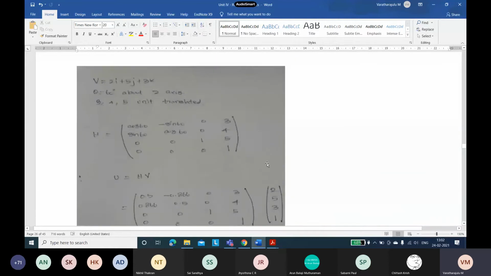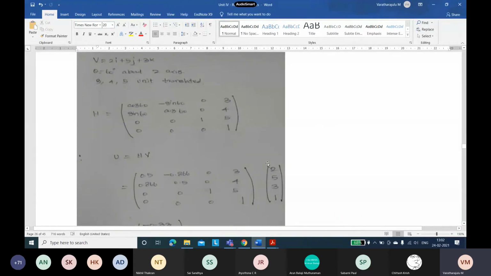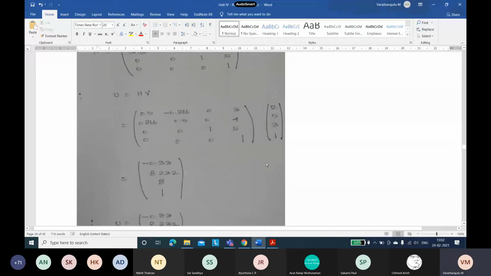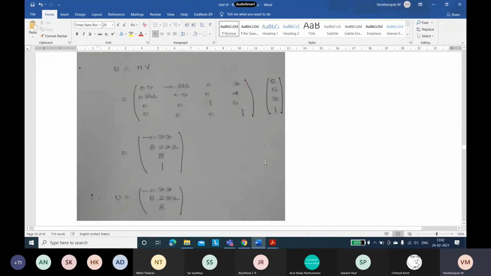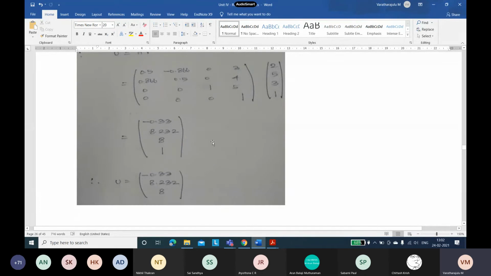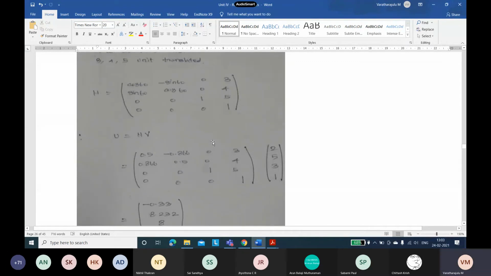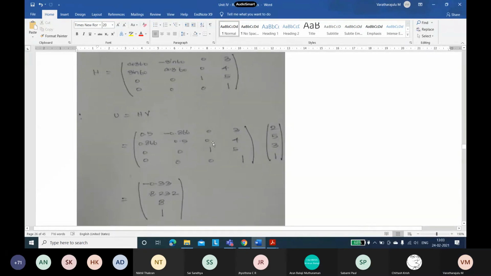This is the result: 0.5, minus 0.86603, 0, 3; 0.866, 0.5, 0, 4; 0, 0, 1, 5; 0, 0, 0, 1. By multiplying this with the vector we get minus 0.33, 8.232, 8, 1. Please make a note.